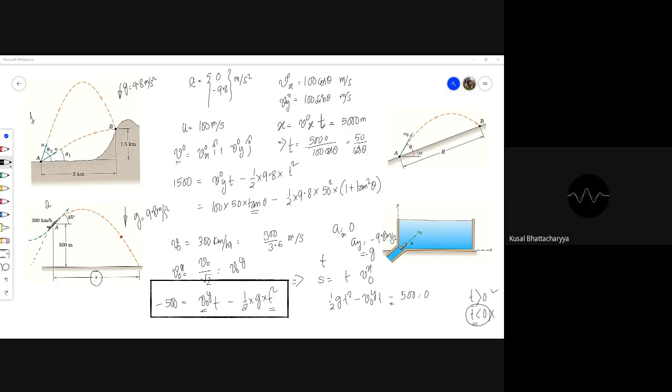Sir, it is coming minus 4.68. Okay, this seems reasonable. I'm not sure whether it is correct or not, but it seems reasonable.